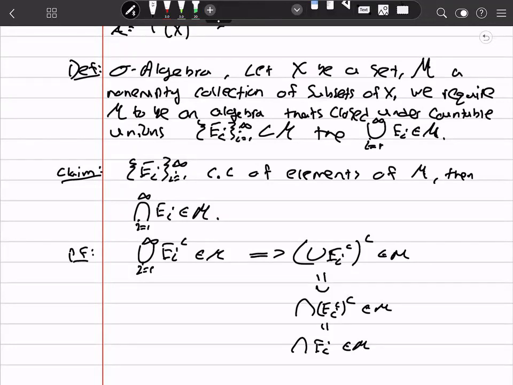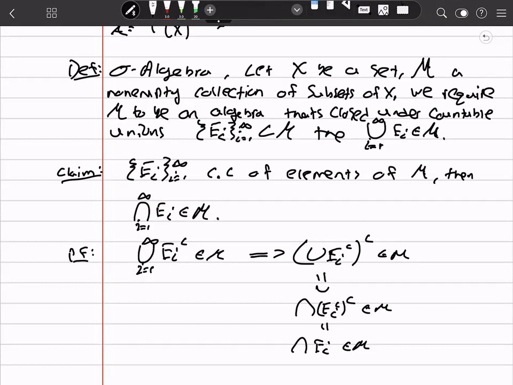Unlike a topology, where the definition is that the whole set and the empty set are elements of the topology, and arbitrary unions and finite intersections are elements, those operations are easier to have a handle on, and it's easier to generate other elements through those operations.